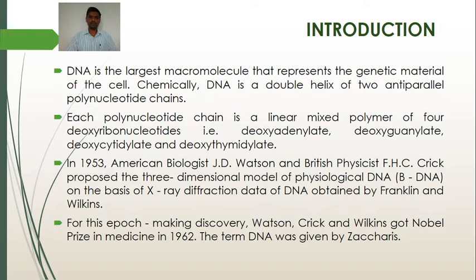So two polynucleotide chains are wrapped around one another to form a stable double helix. Each polynucleotide chain is a linear mixed polymer of 4 deoxyribonucleotides, that is deoxyadenylate, deoxyguanylate, deoxycytidylate and deoxythymidylate.